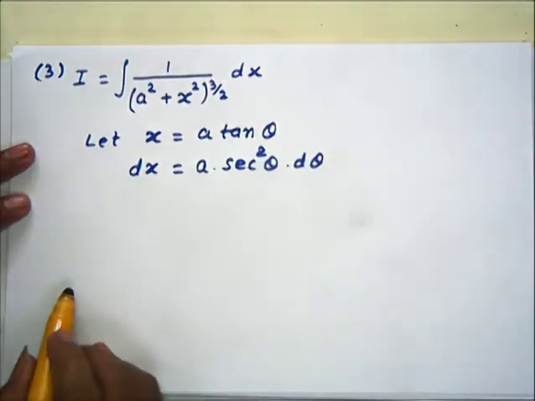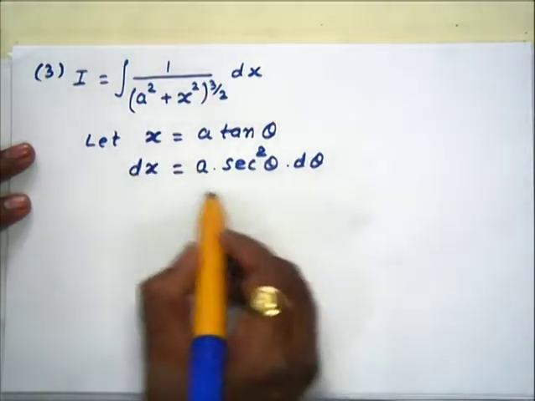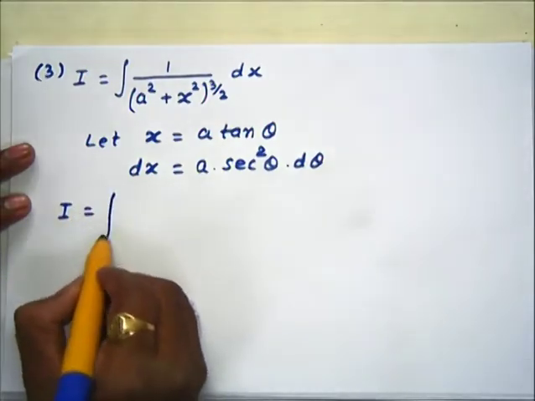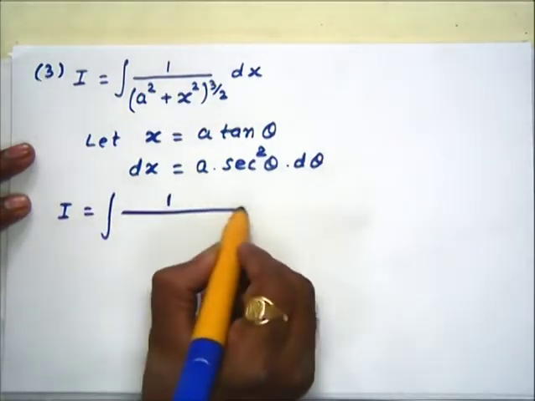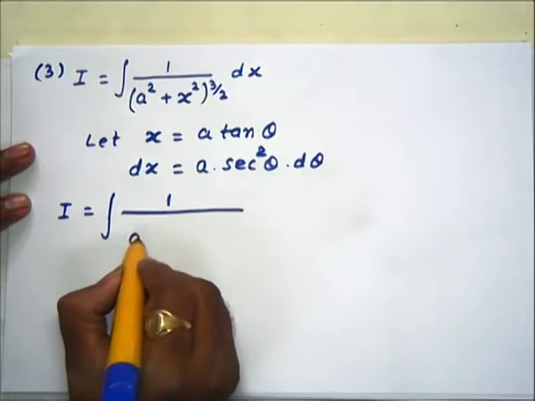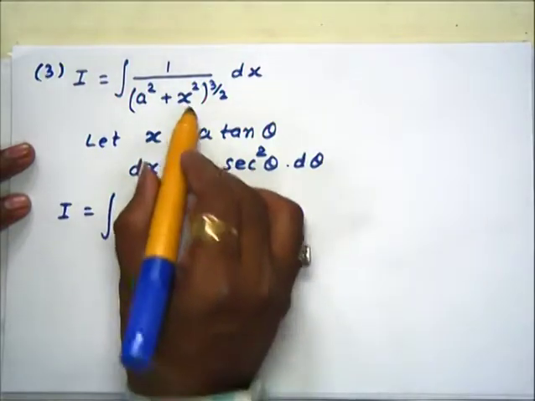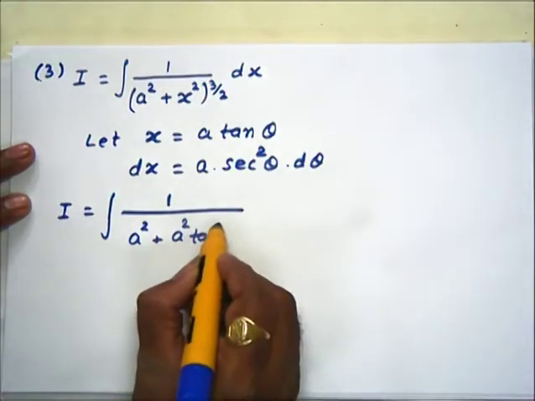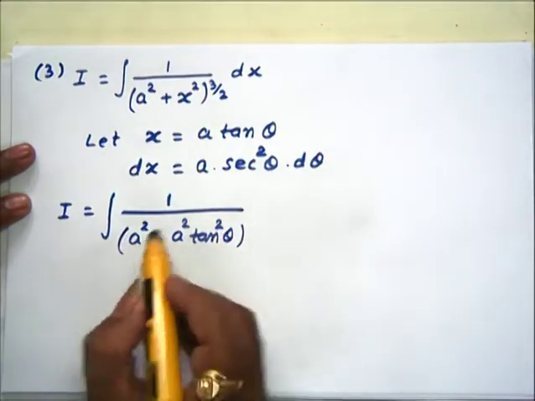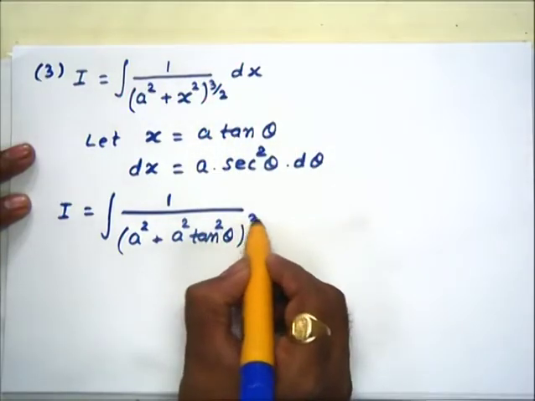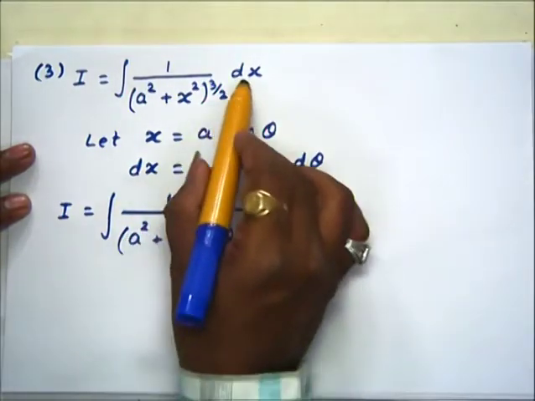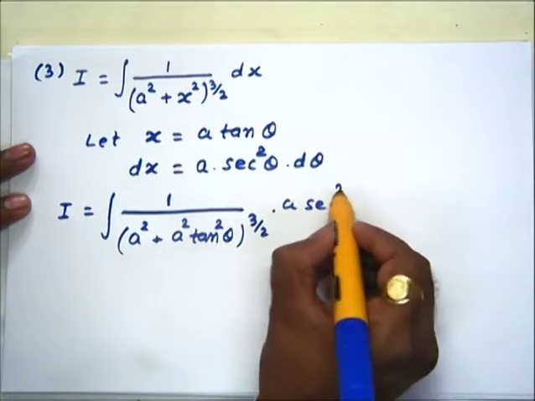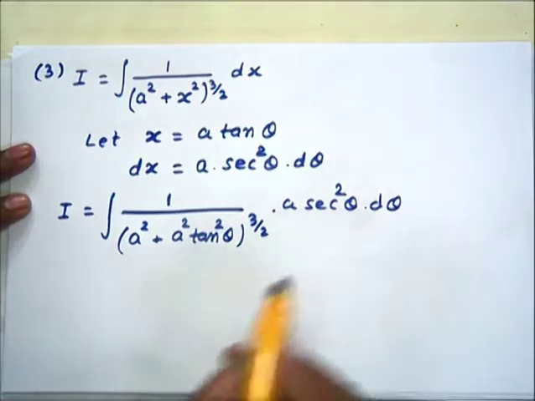Okay. Now let's substitute all these things in I. So we have integration 1 over a square, x square means a square tan square theta whole raised to 3 by 2, and dx is a sec square theta d theta.